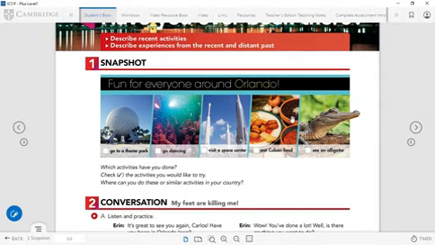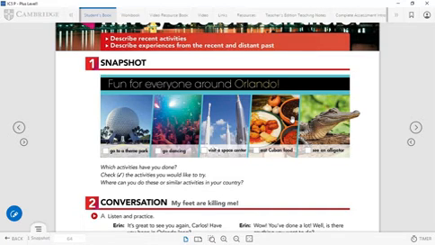The number one is the snapshot for Everyone Around Orlando, and you have the pictures and the vocabulary that I gave you. Go to a theme park, go dancing, visit the space center, eat Cuban food, and see an alligator.